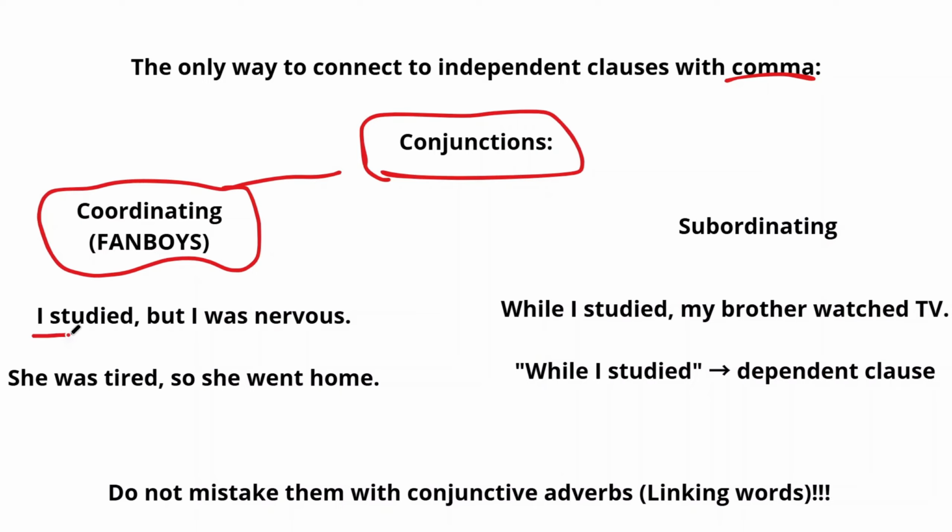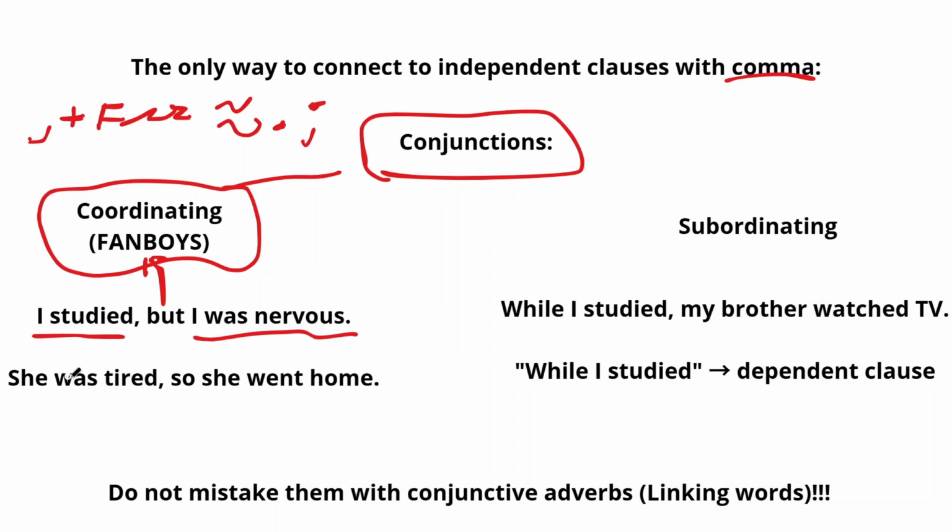Like in this example, we've got "I studied" and "I was nervous," which are both independent clauses, and you just add "but" in between them after a comma, and this sentence is correct. A comma plus any of the FANBOYS is equal to a comma or a semicolon. It is really that convenient.